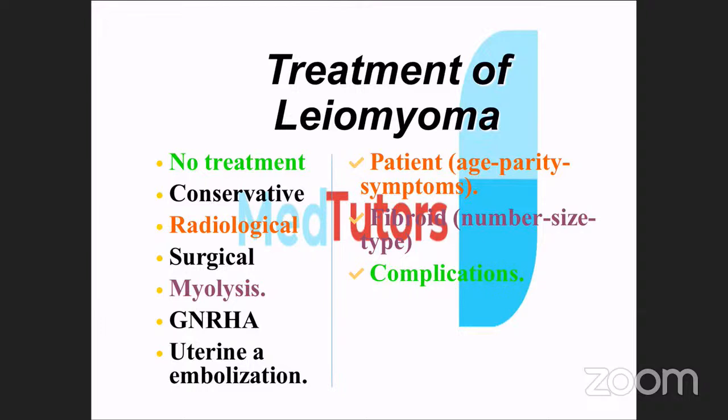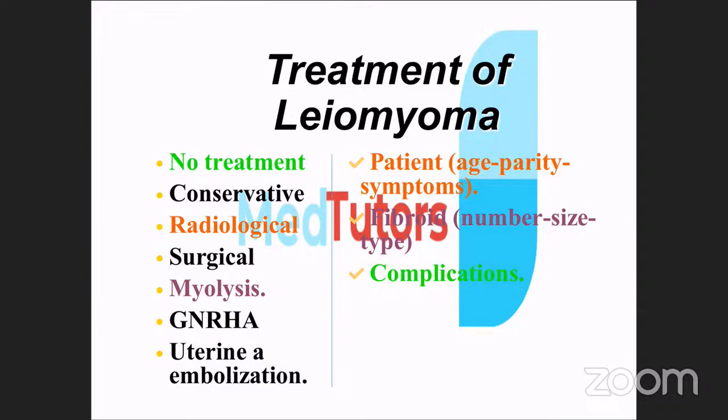They cannulate the femoral artery, pass their catheter up to the external iliac, pass it back into the common iliac, then pass it into the internal iliac, then go to the anterior trunk of the internal iliac, identify the uterine artery, which is a branch of the anterior trunk of the internal iliac, and inject embolic material into the uterine artery, which will obstruct the blood flow to the uterus, and therefore it will limit the blood supply to the fibroid.